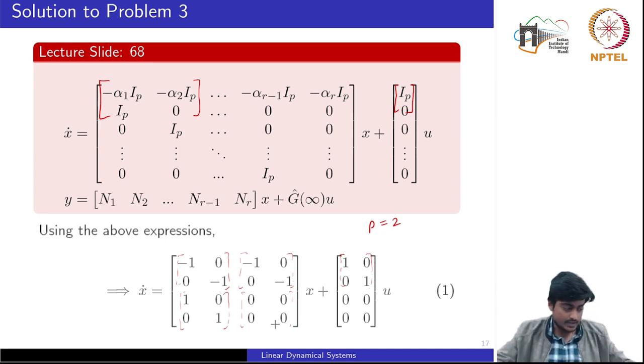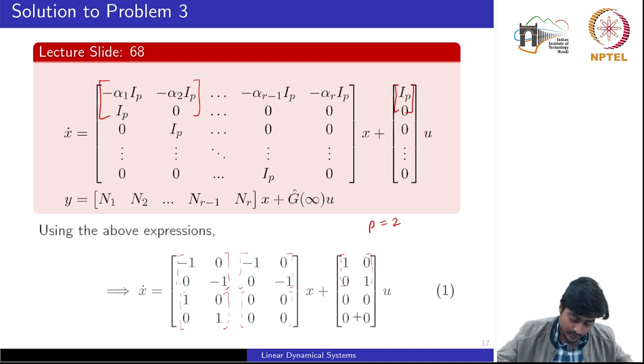Okay, so these are the A and B matrices of the given transfer function matrix. Again, you should not forget at the same time that this is only one specific representation. Now there could be other representations from which you can compute the same transfer function.